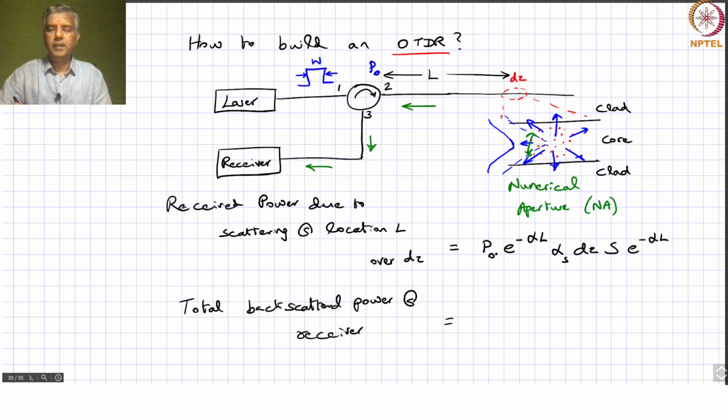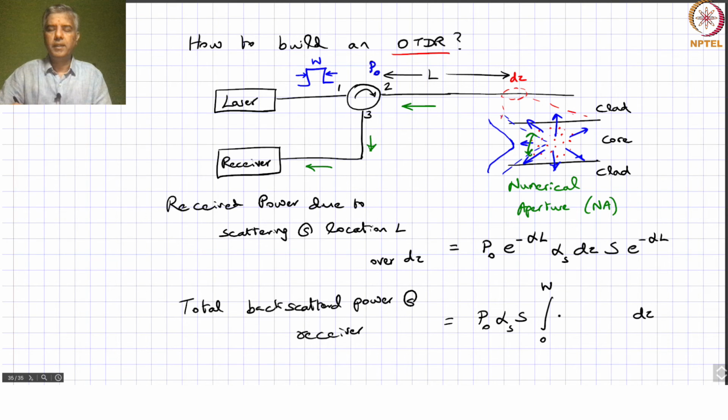And of course, in doing that you understand that P naught is a constant, so we can take some of these factors out. P naught, you have alpha S. S is also a constant because that's the same across this entire length. And then you do an integral over that pulse width, which we are denoting as W, dz.